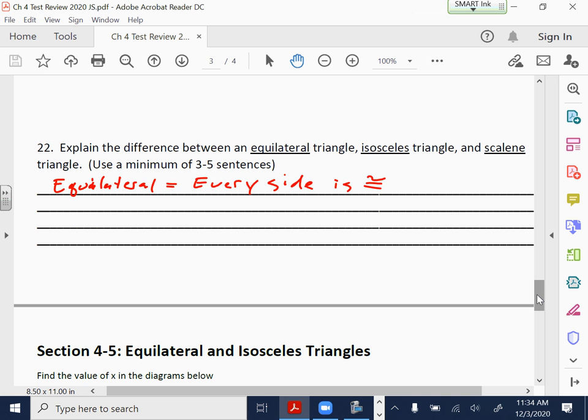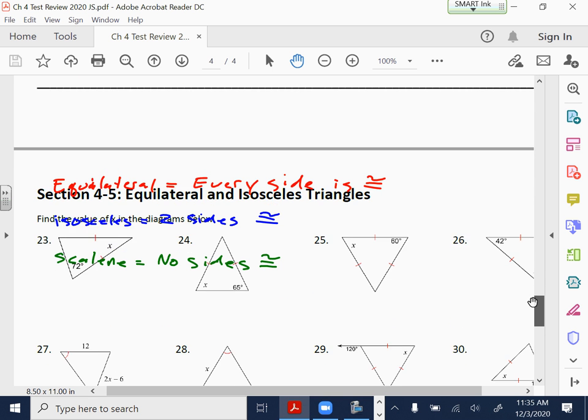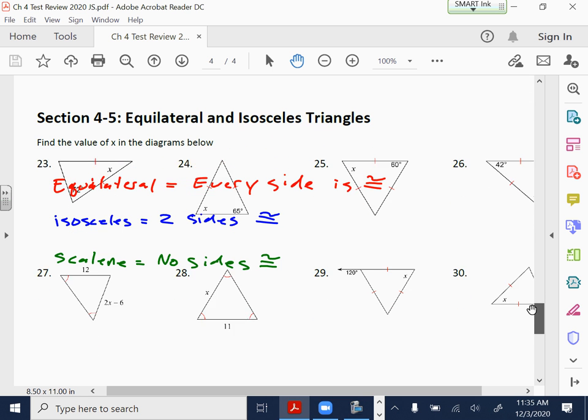But we're more focused on the sides. Isosceles means two sides are congruent. Again, obviously, also, ironically, two angles are congruent. And the last one, scalene. No sides are congruent, or angles for that matter. But really, we're focusing on the sides for these three. We went over equilateral and isosceles. We didn't really talk about scalene.